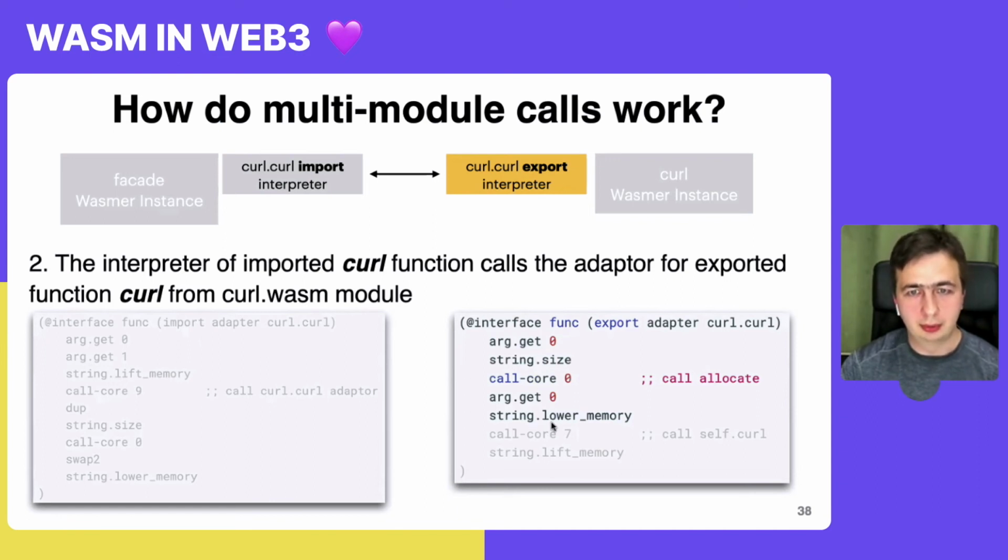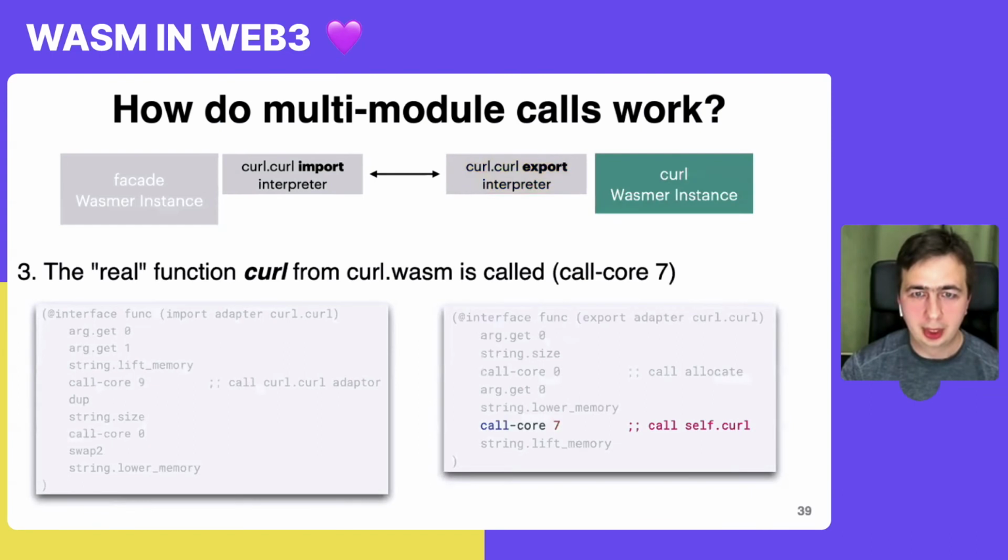Then it calls lower memory that copies the string from host memory to the curl memory, this module's memory. Finally, the real function from an instance will be called. After lowering, we can use raw types, and with raw types we can call the raw Wasm function.